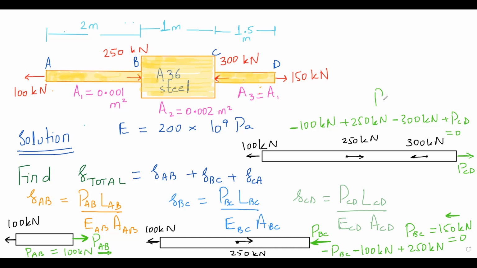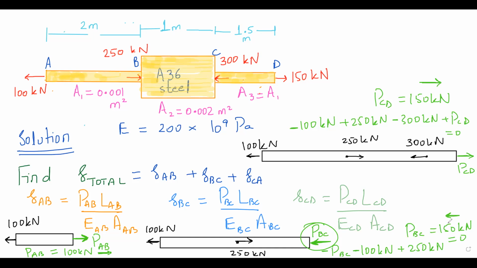PCD will be 150. Okay, 150 in this direction. Now for students who actually put the arrow outward, because trust me, I usually put the arrow always outward, then your PBC will come out to be negative, and again it will indicate that the force is towards left.